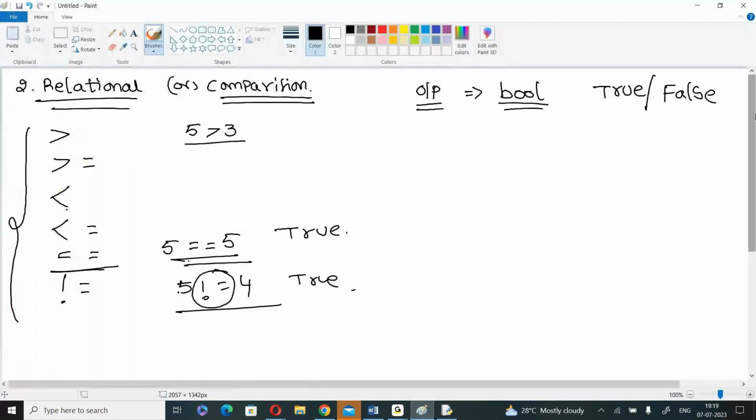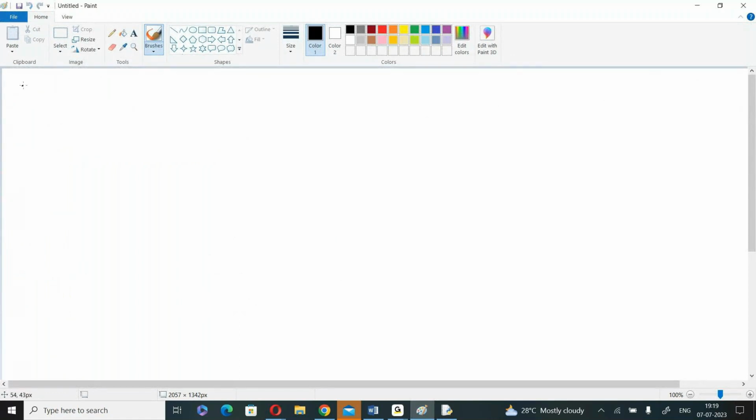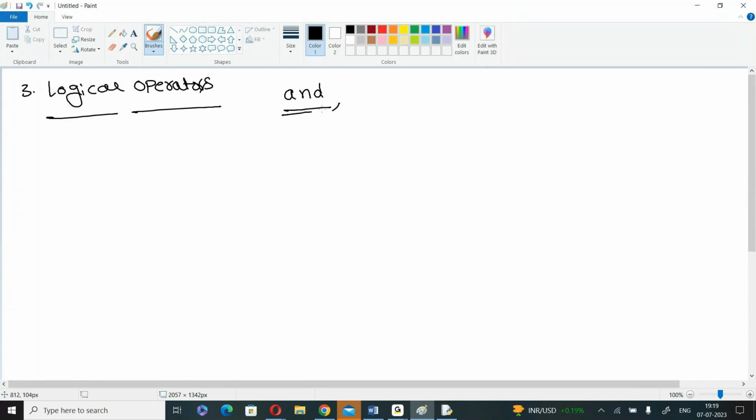Next, move to the third one. The next operator is logical operators. We have three logical operators: and, or, and not.